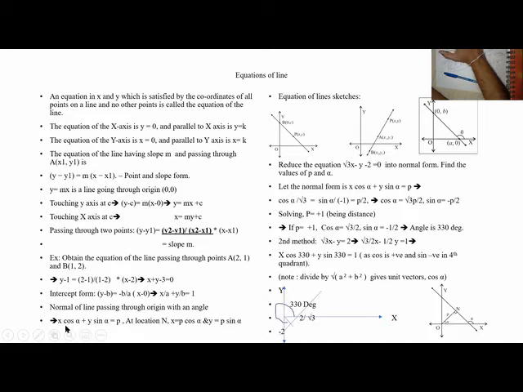When I add these two, x cos alpha plus y sin alpha is P into cos square alpha plus sin square alpha, that is 1. So P. So the equation of line normal with an angle alpha is x cos alpha plus y sin alpha is P.